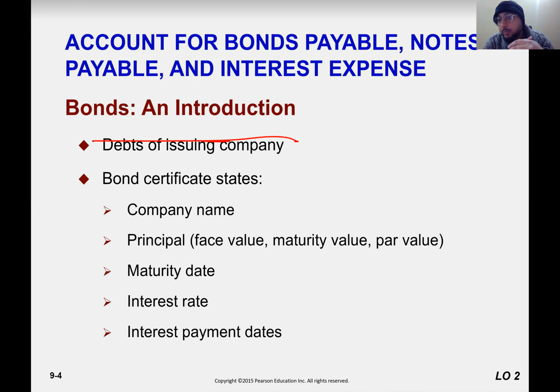So there are different kinds of motives behind that. For example, if a company is very good, very credible, and it goes to the bank, and the bank says, look, you are a good company, we know that, but the market interest rate is right now at 12%. We are giving you a loan at 12%, right?